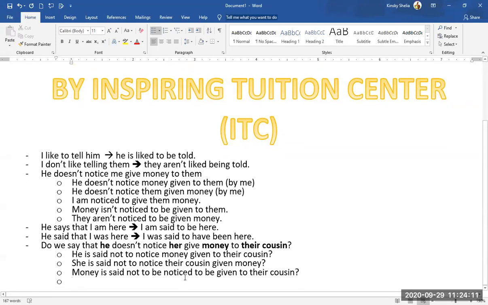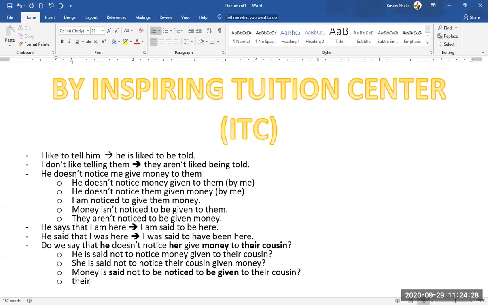What is the thing that we notice here? We change because the money passes the words give, notice, and said. There are three verbs that have been changed into the passive, and also "their cousin." Their cousin is only one, not plural, so we use "is."